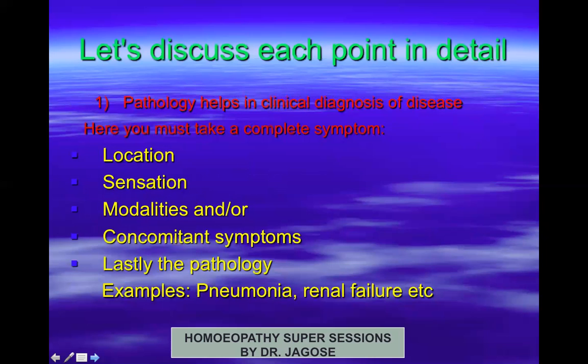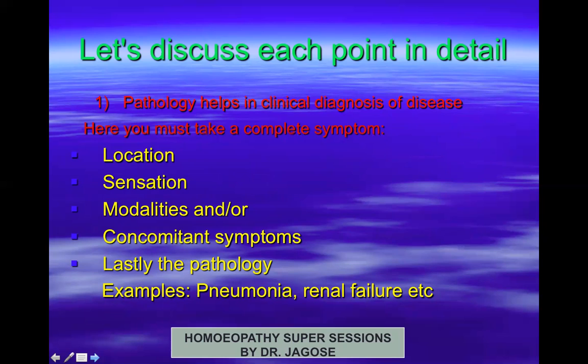So let us discuss the first point. Pathology helps in the clinical diagnosis of disease. So here, in your clinic, most of the time you will find that patients come to us with a big fat file of all the investigations done.